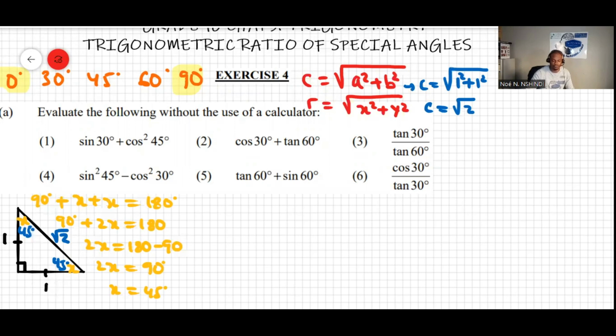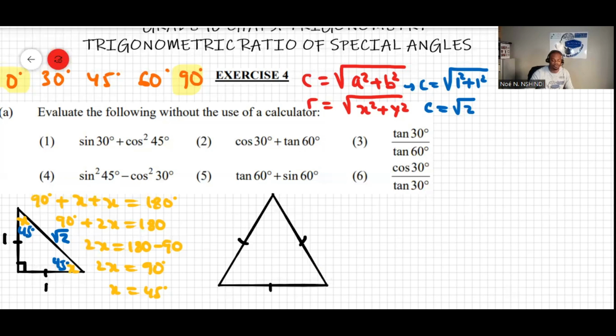Okay, the other triangle. I want to draw an equilateral triangle. The property of an equilateral triangle is that all sides are equal.